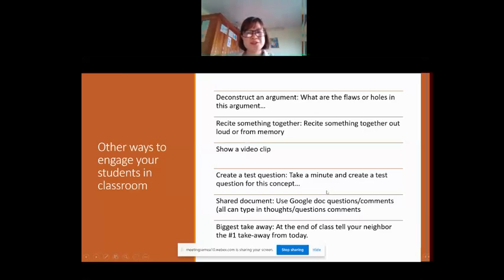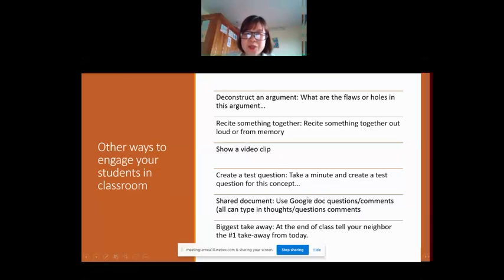You require your students to recite something together out loud or from memory. So it is a way to have them remember the concept or remember something easier. But it's only suitable for the theory. Or you can show a video clip.